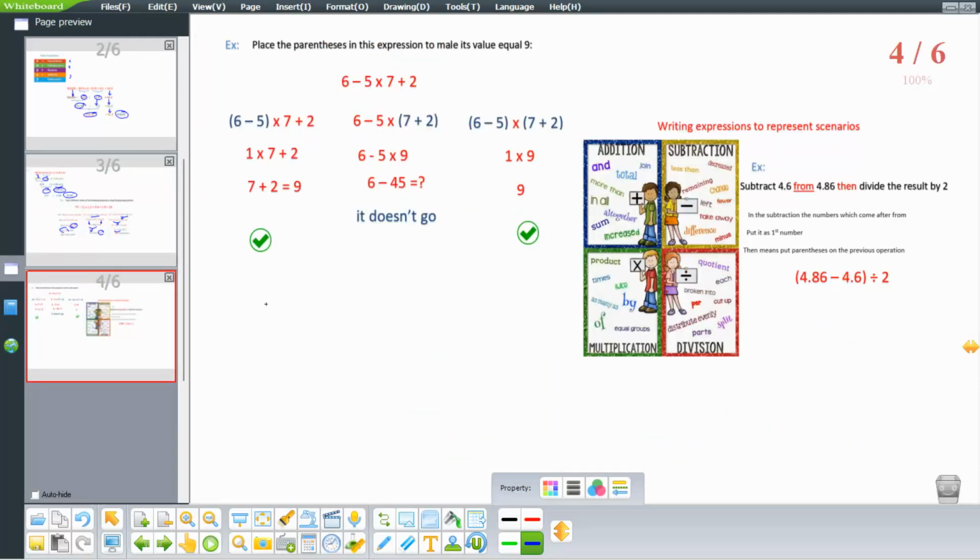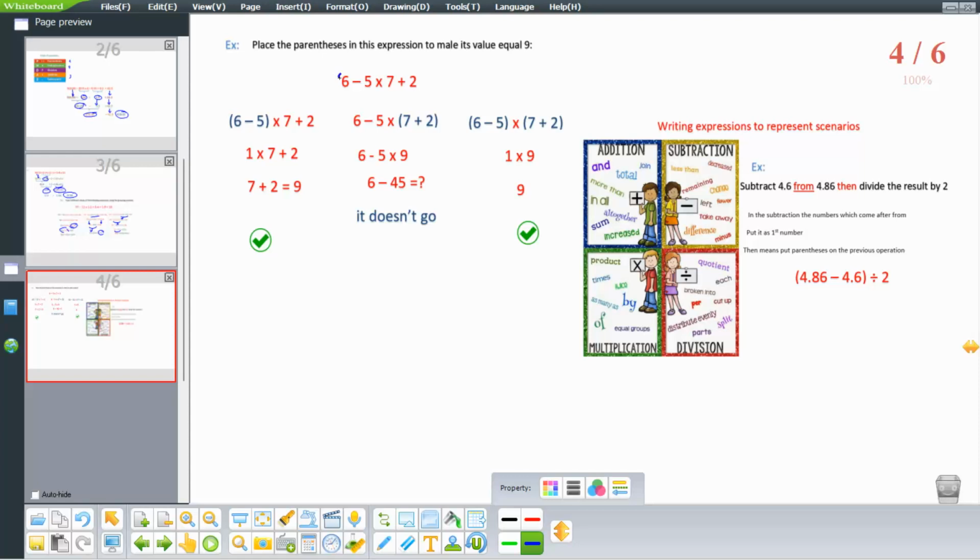Here, place the parentheses in this expression to make its value equal 9. Okay, here we need to place the parentheses to make the expression equal 9. Okay, let's try.